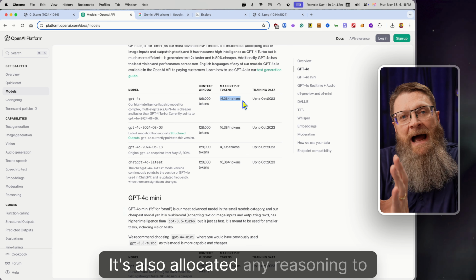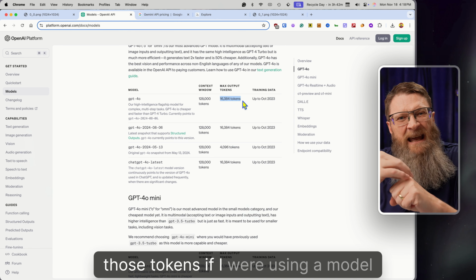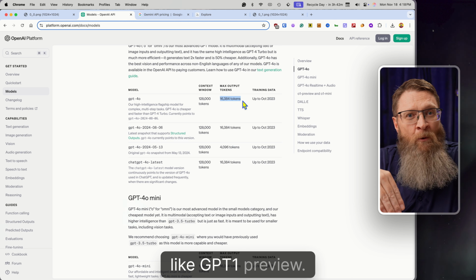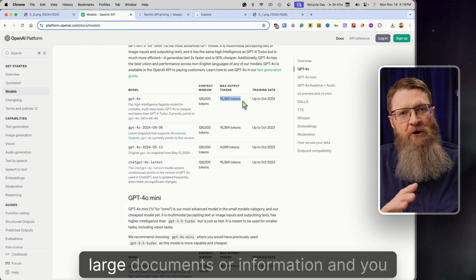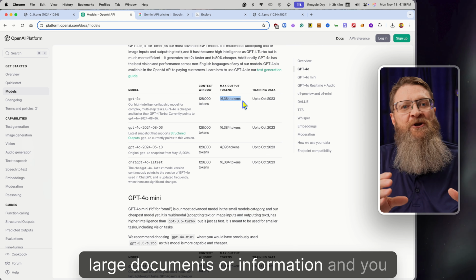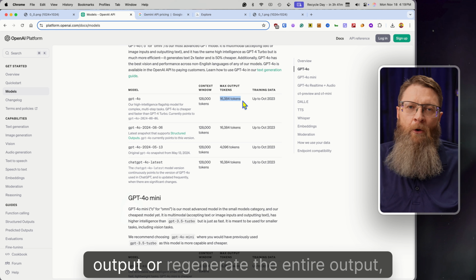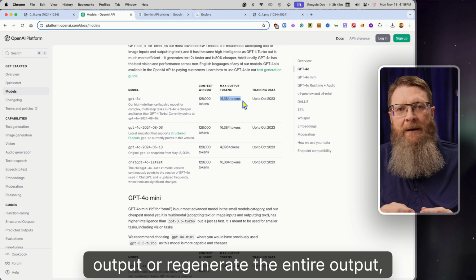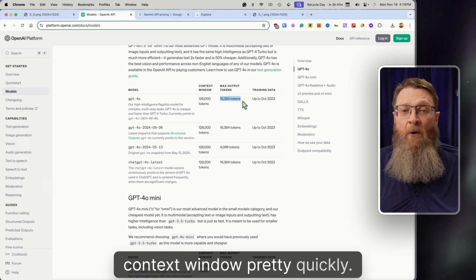It's also allocated any reasoning to those tokens if I were using a model like GPT-1 Preview. So when you feed in large documents or information and you keep telling GPT, give me the entire output or regenerate the entire output, you're actually burning through your context window pretty quickly.